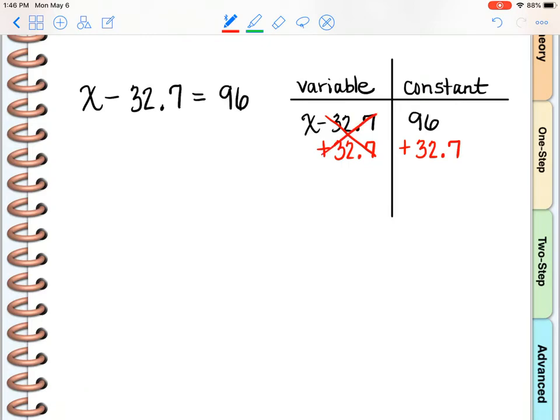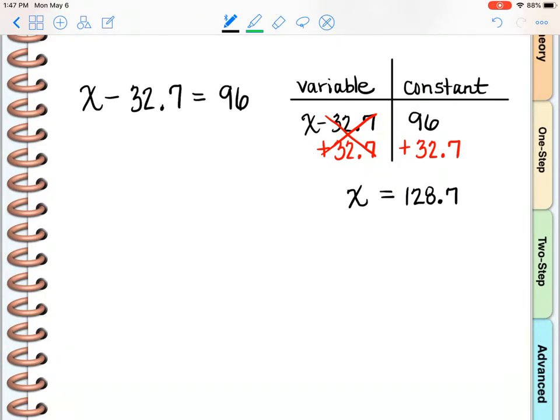Cancel. And so I'm left with X on this side. And then on your calculator, let's type in all clear. 96 plus 32.7 equals 128.7.